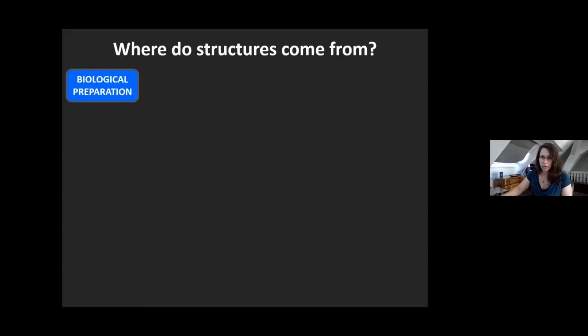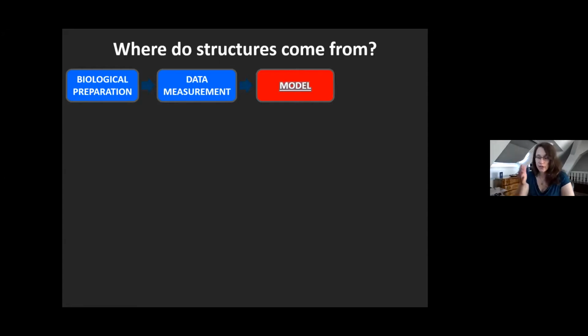If you want to solve a structure with crystallography or with any other method, that is NMR or cryo-EM, you always need a model. In none of these methods, NMR, crystallography, and cryo-EM, are you ever getting a structural model out.